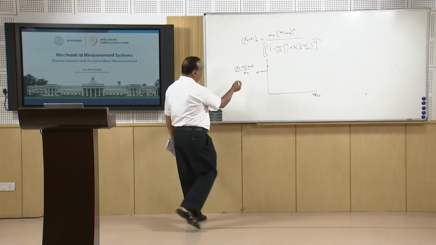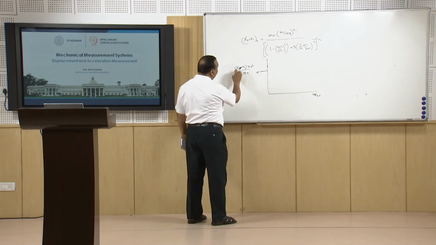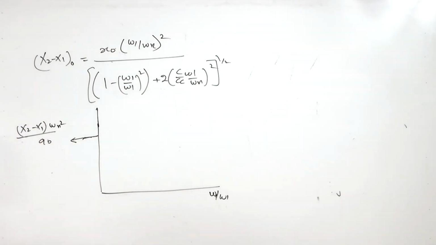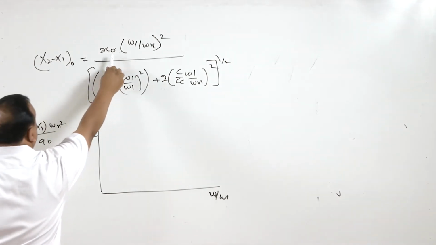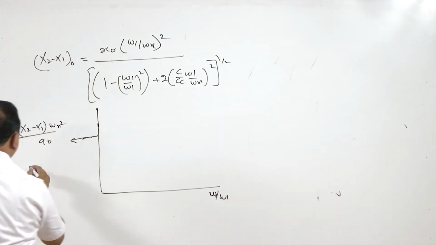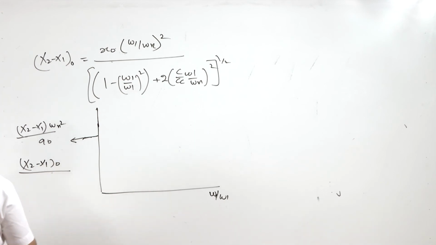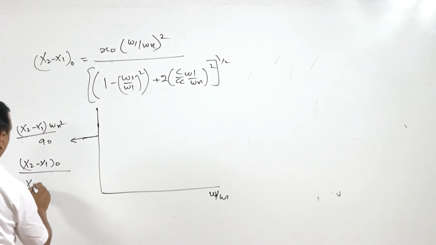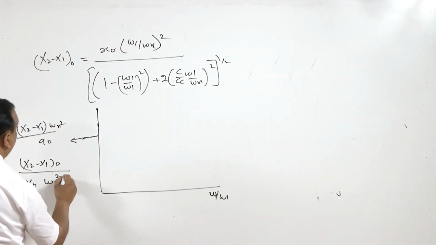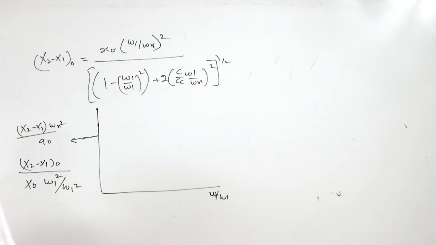Where A is the amplitude, x2 minus x1 omega n. How are we getting this? We get this when we take x2 minus x1 0 divided by x0 omega 1 square divided by omega n square.